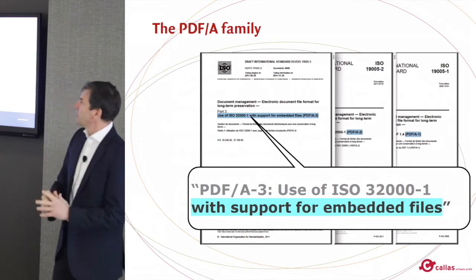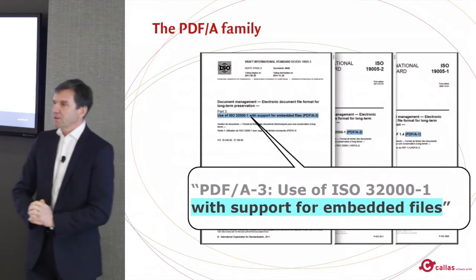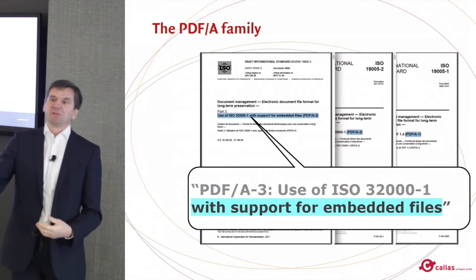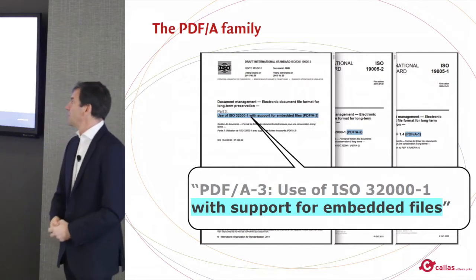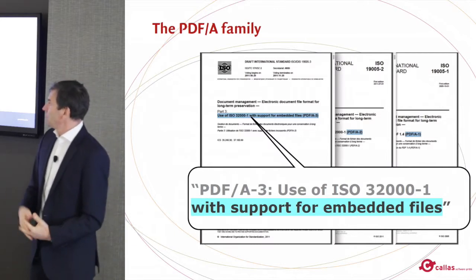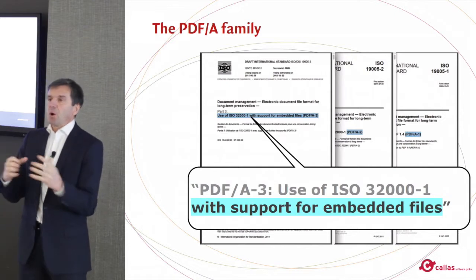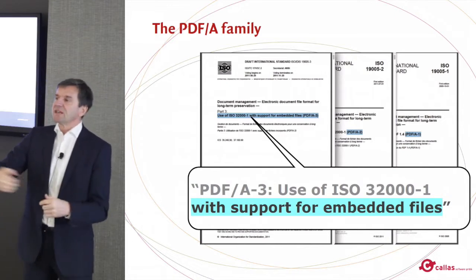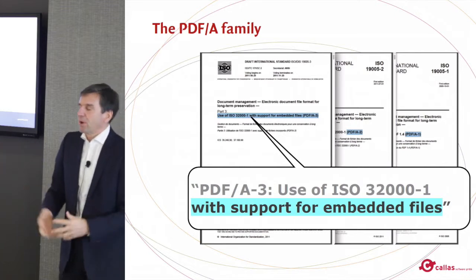So in general, one can say PDF A is about archiving, about making sure that a PDF just works, and it always works independent of the environment. And I will show later in my use cases that this also makes sense if you just exchange data with a customer or somebody else.